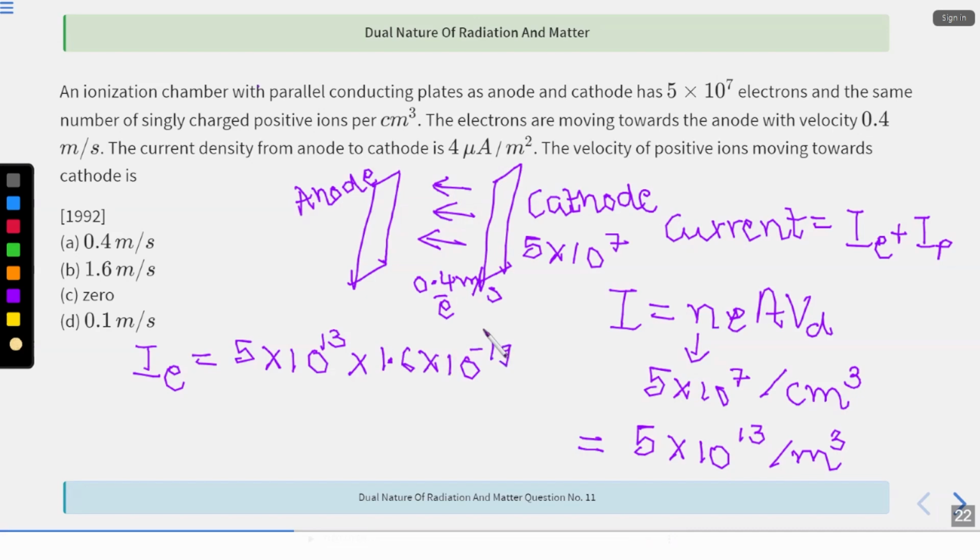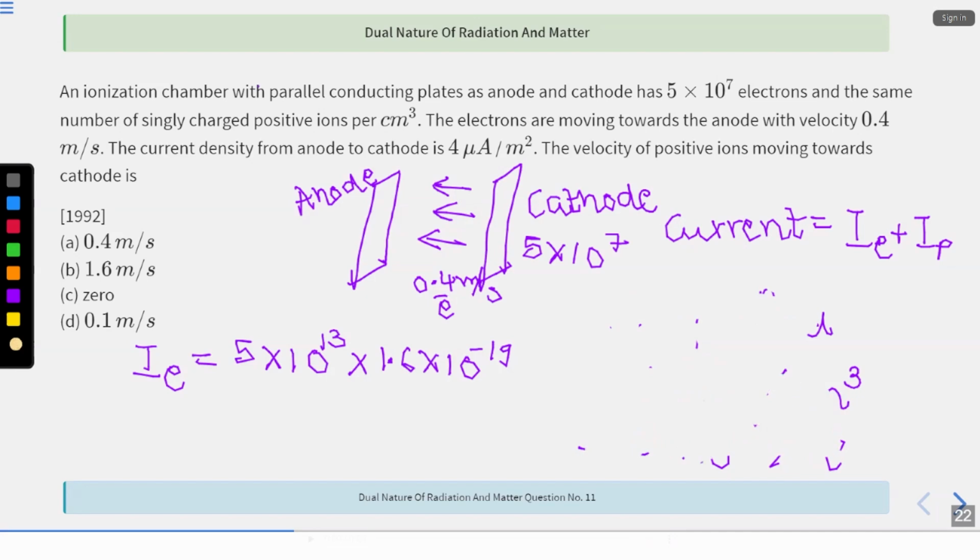We'll just keep A the same because the area is going to be the same one, so we don't need to calculate it twice, right?